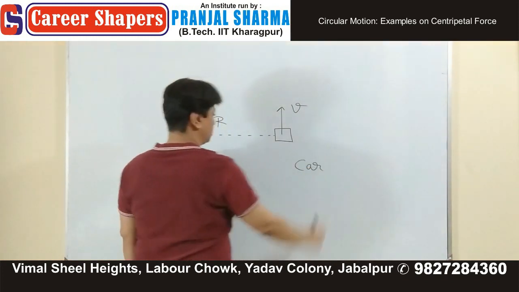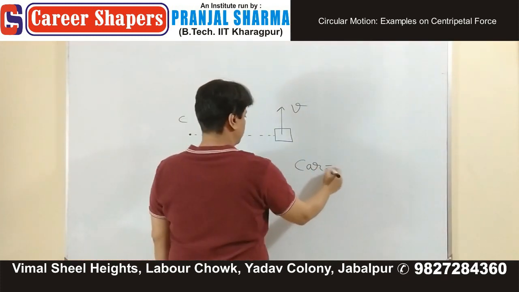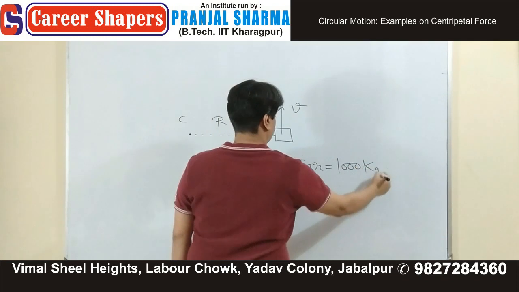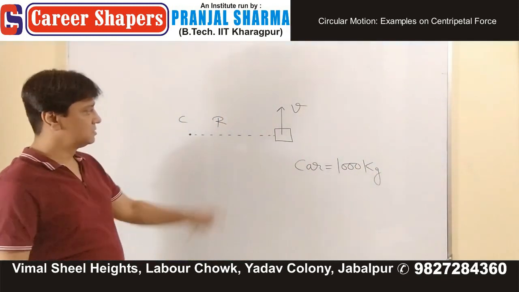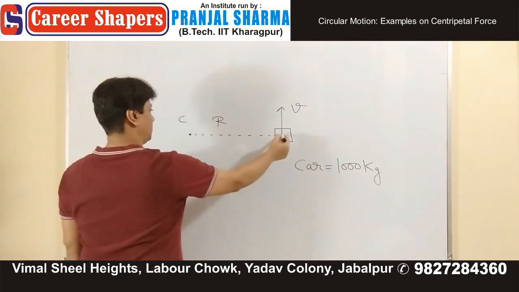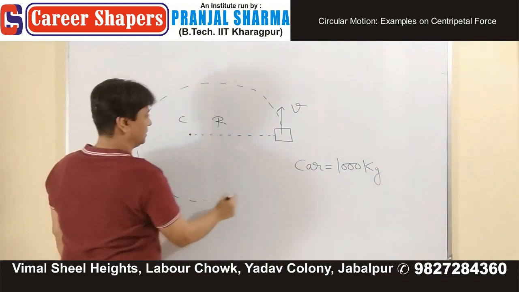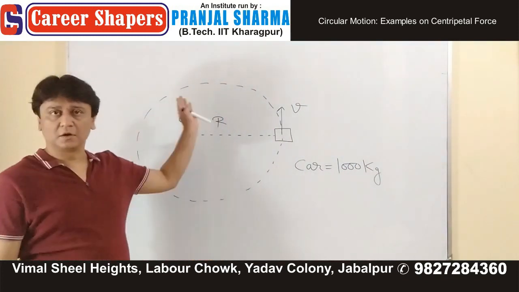There is a car of 1000 kg. It is taking a circular turn, or you can say that it's making a complete circle, or simply a circular turn.